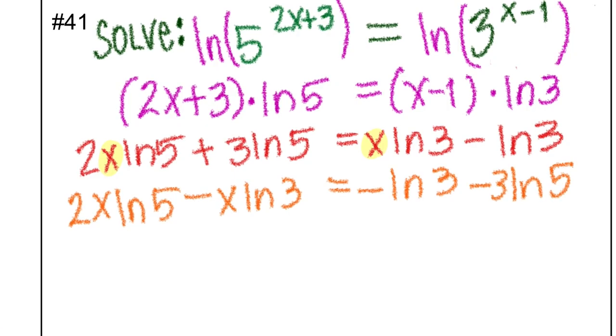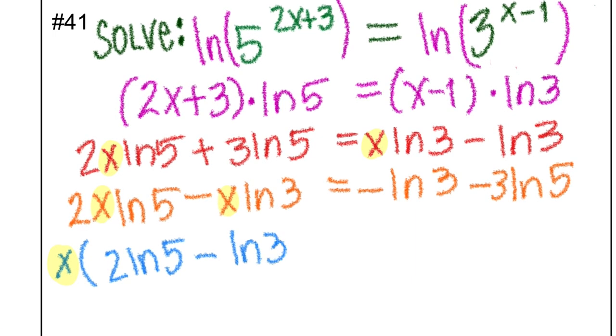All right, so now that I'm here, the next thing I'm going to do is factor out the x from both expressions that are on the left side of our equal sign. All right.